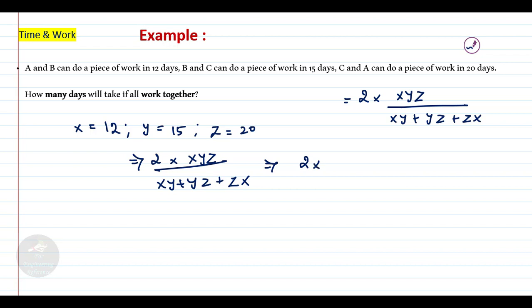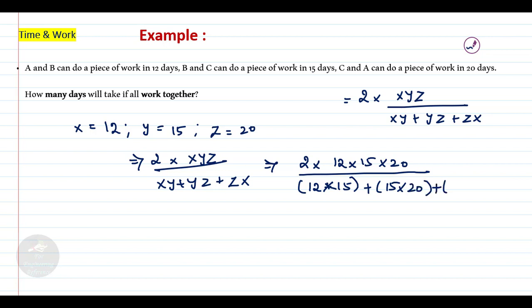2 into 12 into 15 into 20 whole divided by 12 into 15 plus 15 into 20 plus 20 into 12.